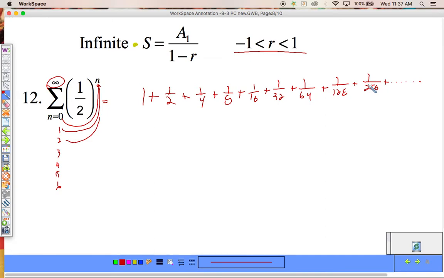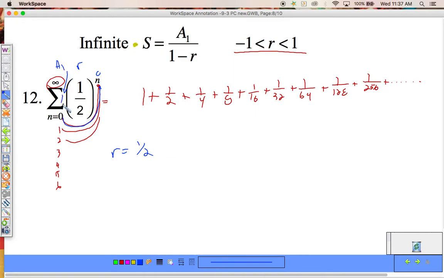What we need to recognize is happening: if I go from 1 to 1/2 to 1/4 to 1/8, my ratio on this problem is 1/2, because when I plug 0 into here, I get an exponent of 0. Here's my ratio. Here's my first term, which is 1.